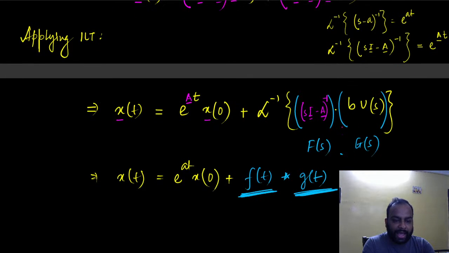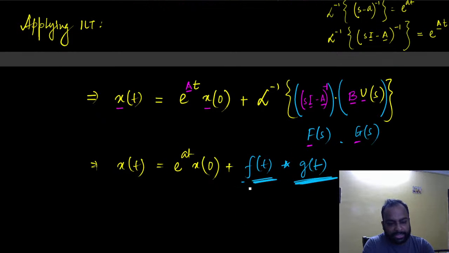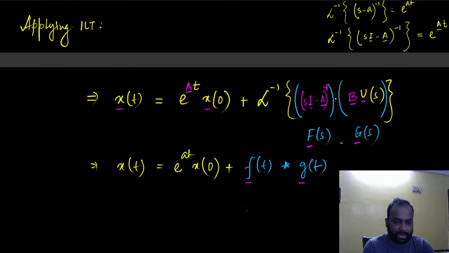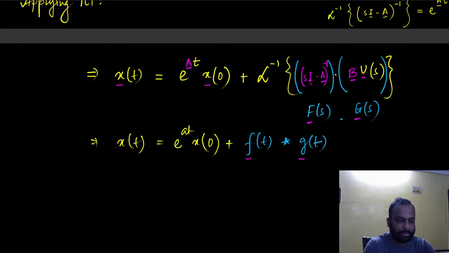So now again, just as before, we are going to assume this to be F(s) and this to be G(s). Now here these are matrices, vector matrix quantities. And as such, this is going to be the convolution of the vector f(t) and the vector g(t), whatever, a convolution between those.